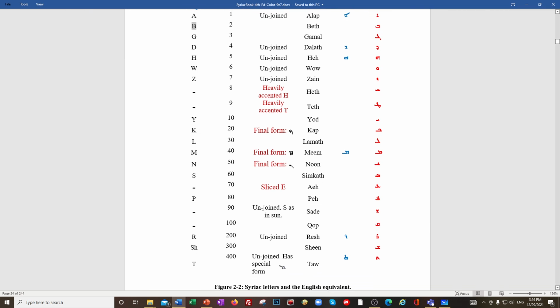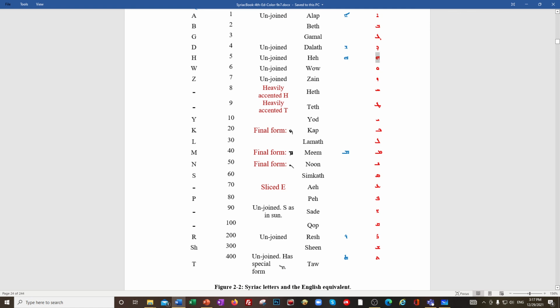I'm going to move on a little bit faster now. You know the style here. Gamal, 3, G in English. Daleth, this is the Esṭrangelā, Daleth. The name is Daleth, an unjoined letter, one of those 8 unjoined. Numeric value 4, D in English.